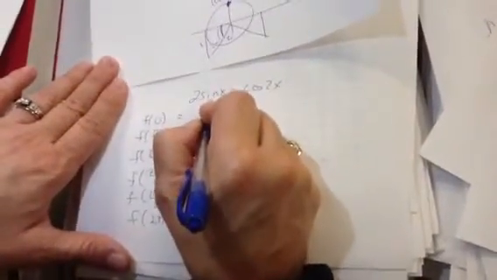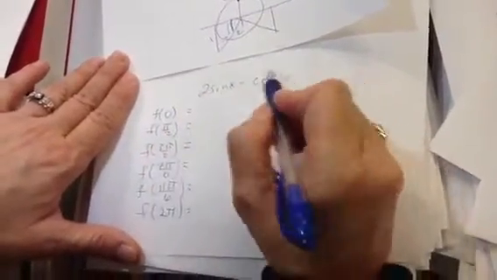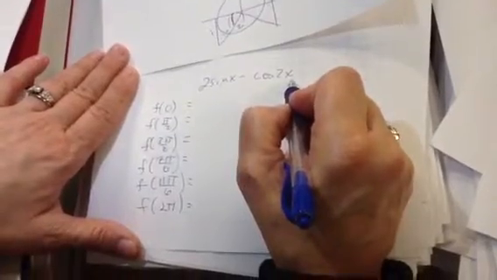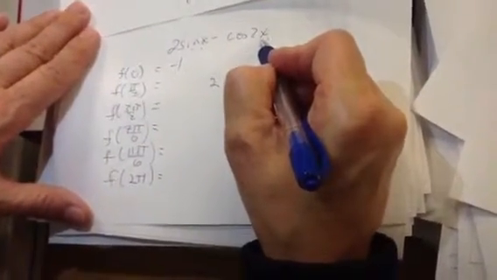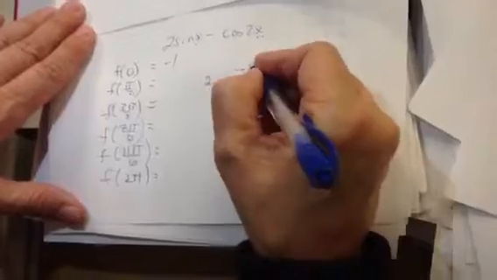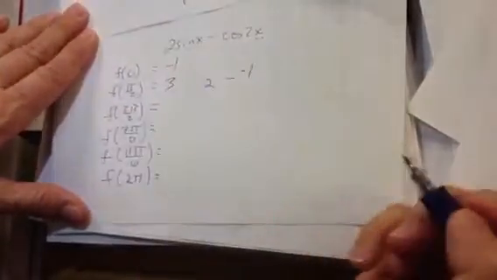Sine of 0 is 0. That one's gone. Cosine of 0 is 1. So this ends up being -1. All right, sine of pi over 2 is 1, times 2 is 2, minus, well, what's cosine of pi? So 2 plus 1. All right.